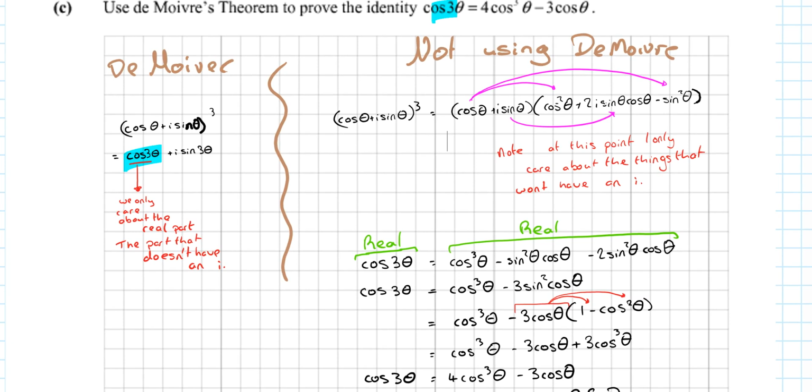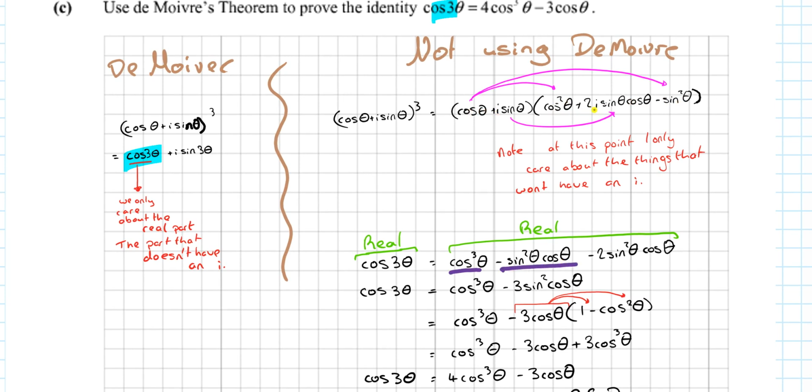So I just take my time and go, well, cos theta by cos squared theta would be cos cubed theta, and it won't have an i. Cos theta by 2i sine theta cos theta, well, that would give me an i, so I don't multiply that out. Cos theta by minus sine squared theta is minus sine squared theta cos theta.